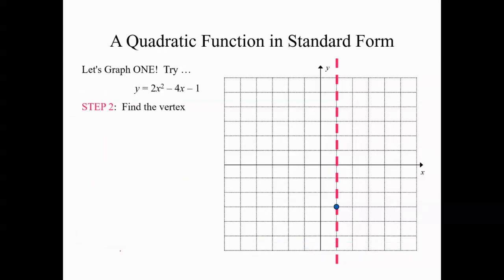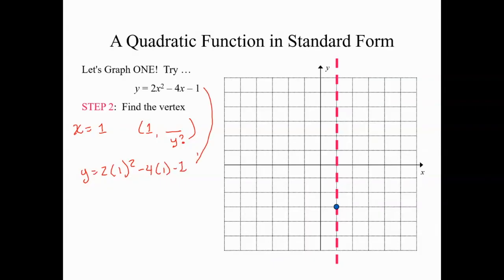Okay. Next step is to find the vertex. Well, I've already found that my line of symmetry is x equals 1, so I know that my vertex is 1, but let's figure out what y is. We're going to sub this into our equation. So I have 2 times 1 squared minus 4 times 1, minus 1.